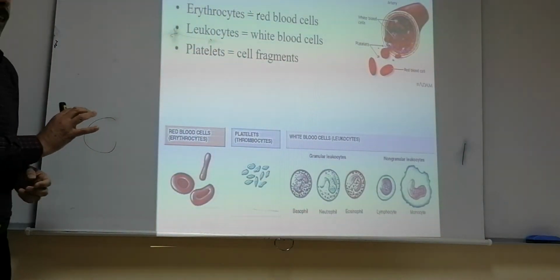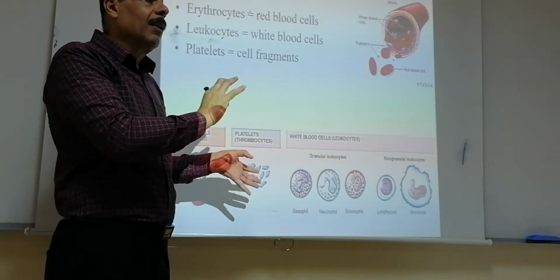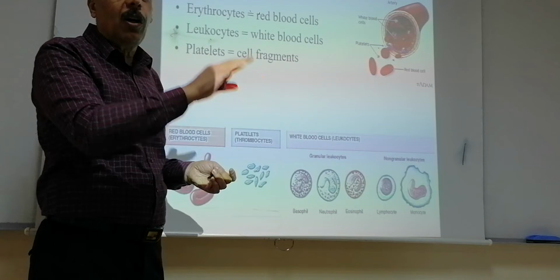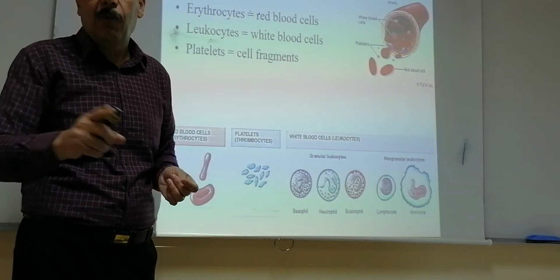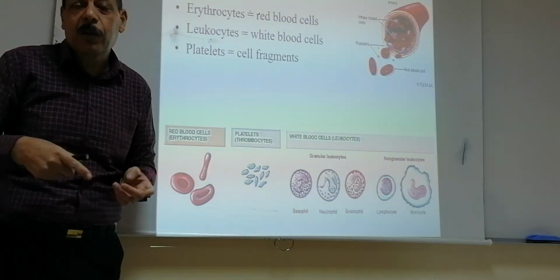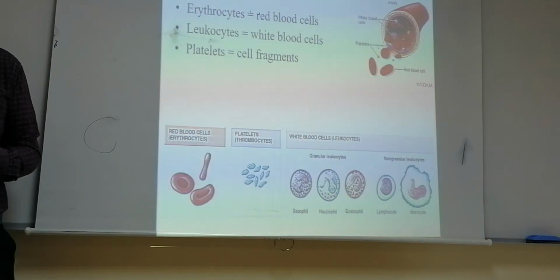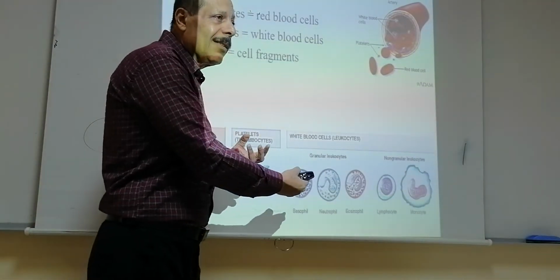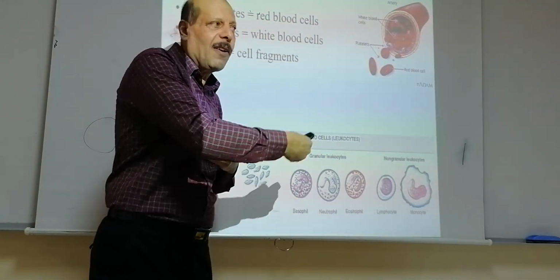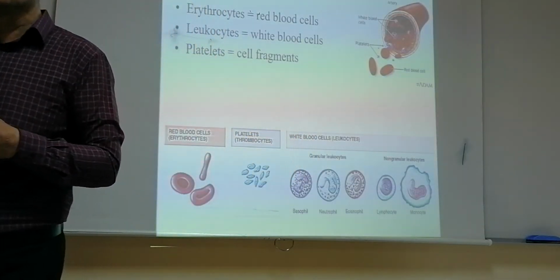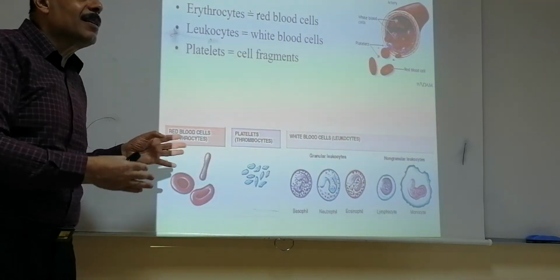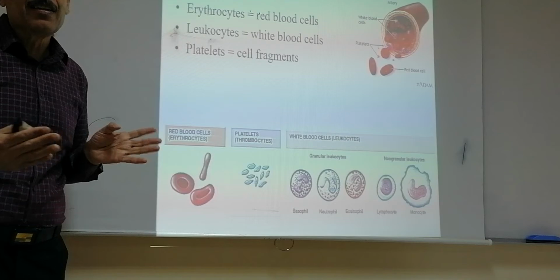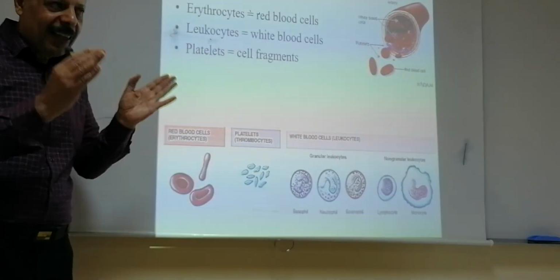So, did you understand the importance of the percentage, the amount, and the increase of white blood cells? It is important because it gives us a diagnostic measure for many diseases. Why? Because they are fighting the disease. Because of that, there will be a difference in their percentage when we have any disease. But when our body is stable and in homeostasis, it will be within the specific range.